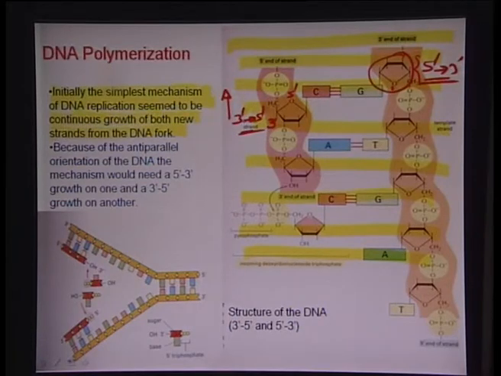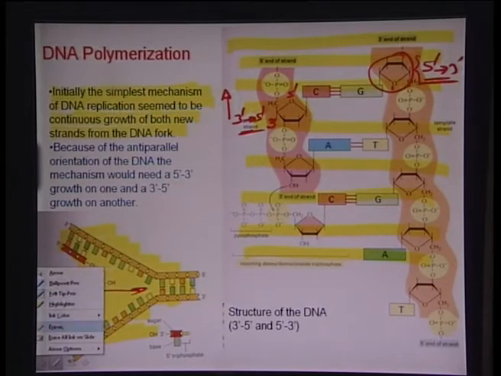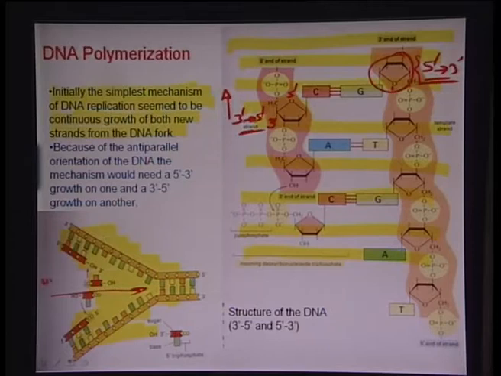So this right here is the DNA molecule, as you can see here, and if you look closely, there is an unzipping action, and there is an opening of these two strands in both directions like this, and thereafter there is a continuous growth of both the new strands from the DNA fork, okay.